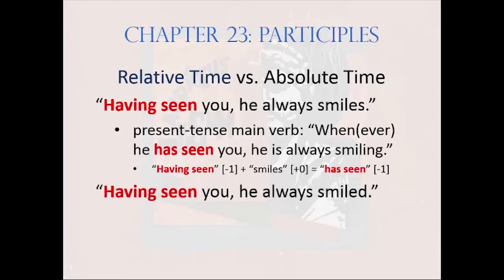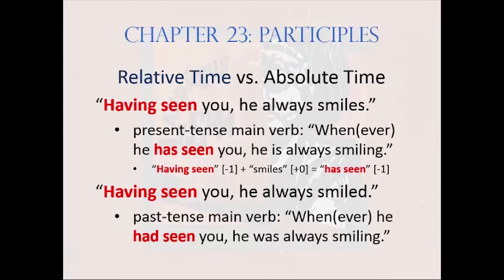So what if both the participle and the main verb are past tense? "Having seen you, he always smiled." Think about it for a second. When did he do the seeing relative to the smiling? Did the seeing come before the smiling? Yes. So, what tense should the verb be in a "when" clause that's equivalent to this participle?